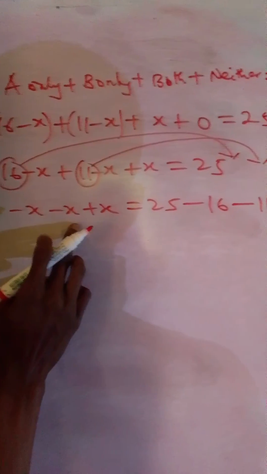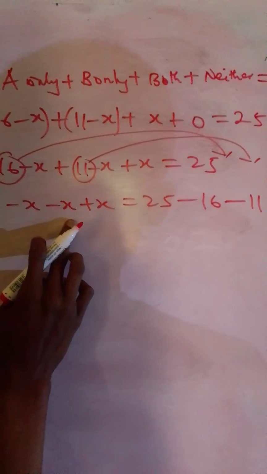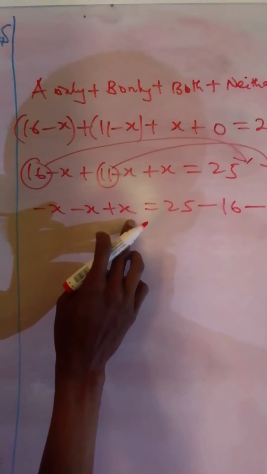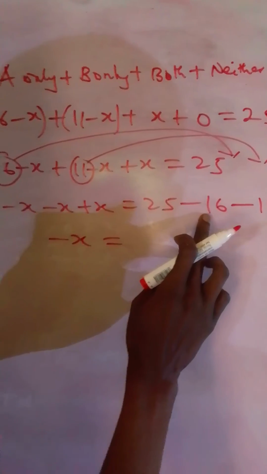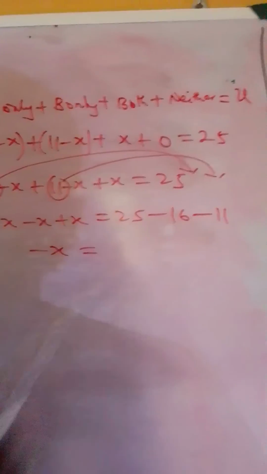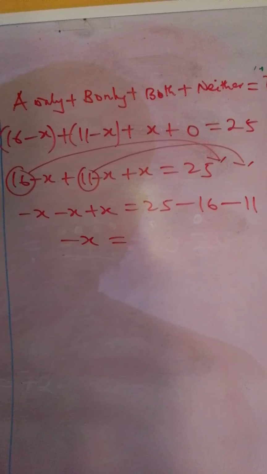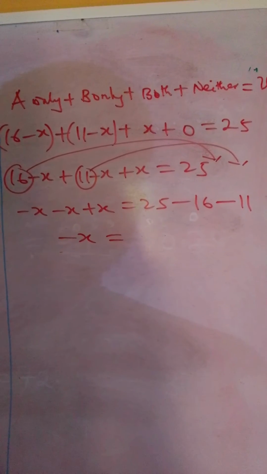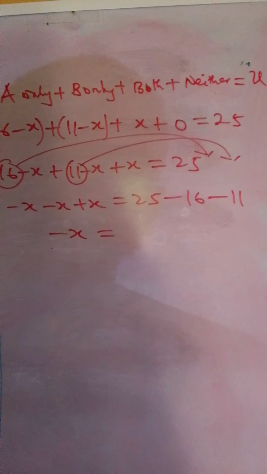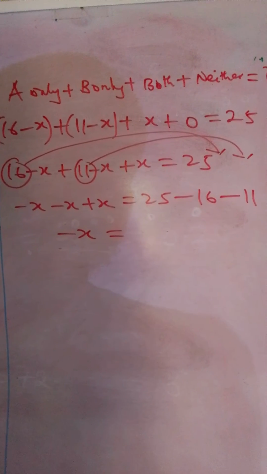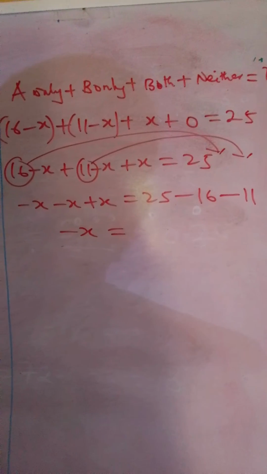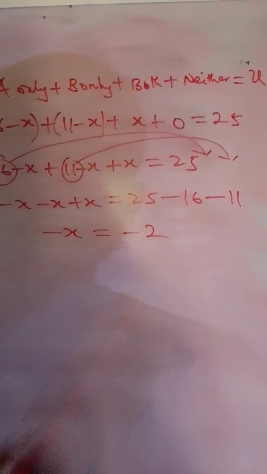Minus x minus x will give us minus 2x. Minus 2x plus x will give us minus x equals 25 minus 16, which is 9. 9 minus 11 is minus 2.